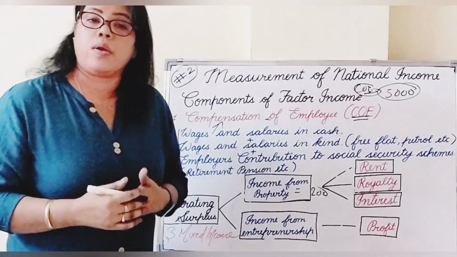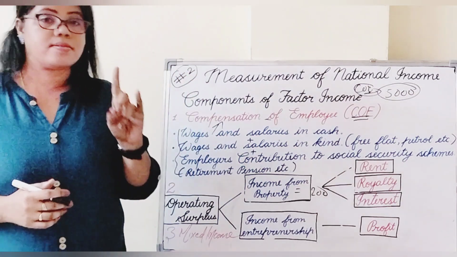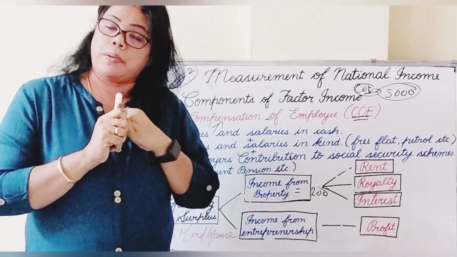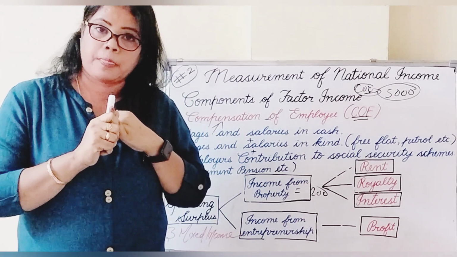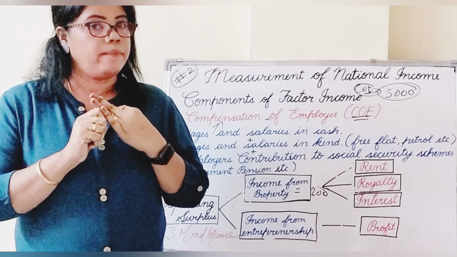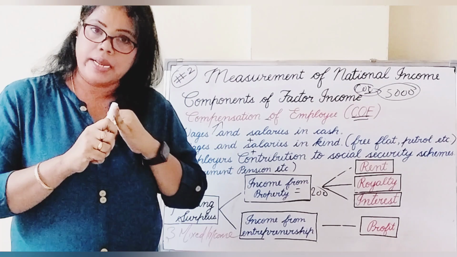So how do we calculate national income with the help of income method? First of all, we discussed the components: compensation of employees plus operating surplus plus mixed income. What is compensation of employees?